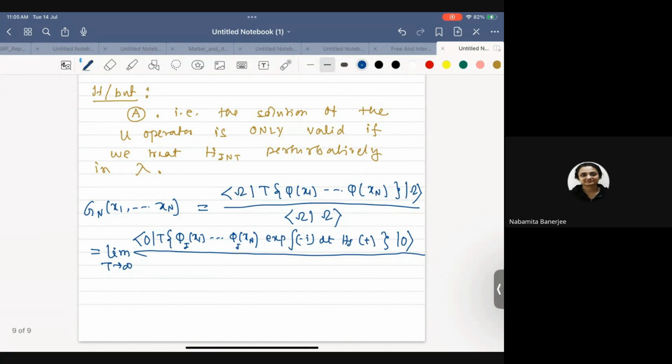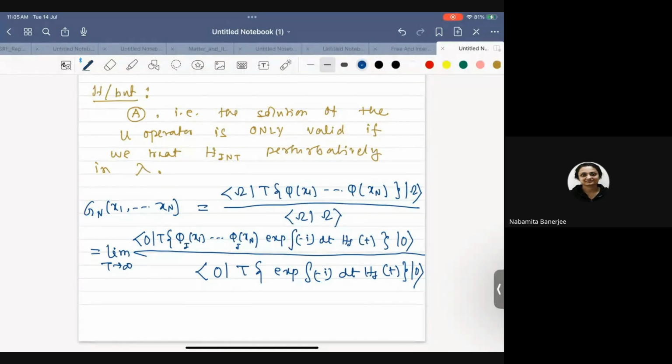And in the denominator it is just the time ordered exponential of minus i integral dt H_I, 0. I'm not writing the limit, I don't have space.